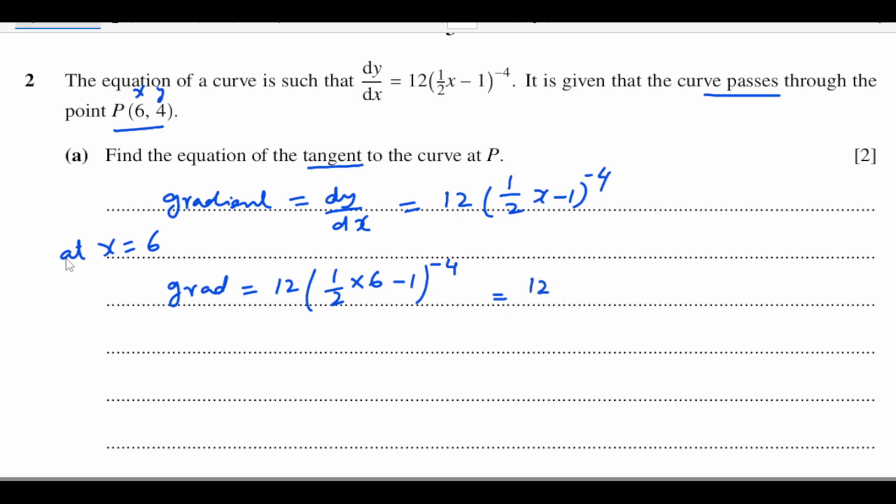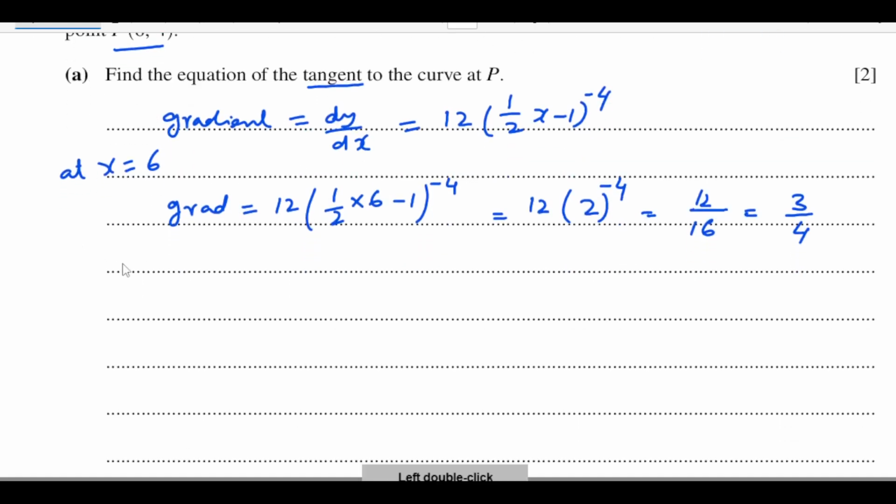So this is 12 times (3 minus 1), which is 2, raised to the power -4, which is 12 over 2 to the power 4, which is 16, and in simplest form it is 3 over 4. So the gradient we got is 3 over 4.